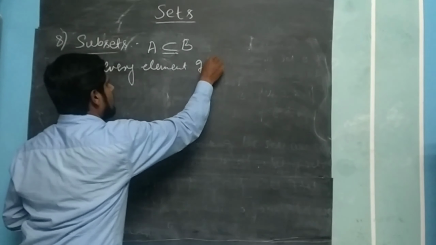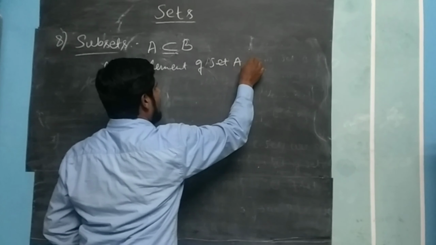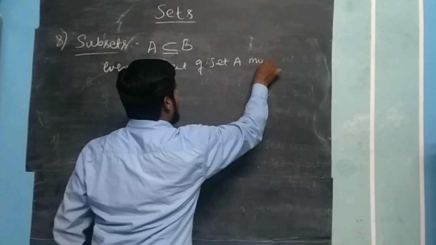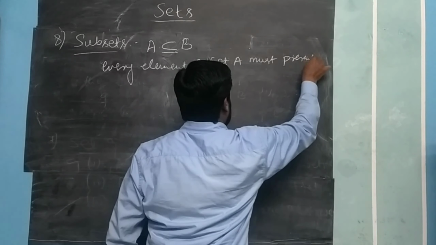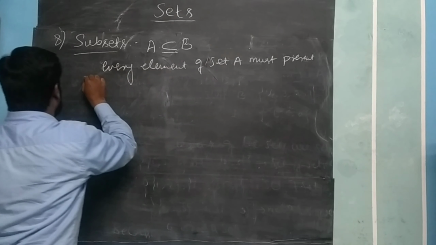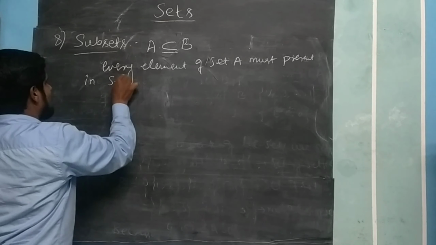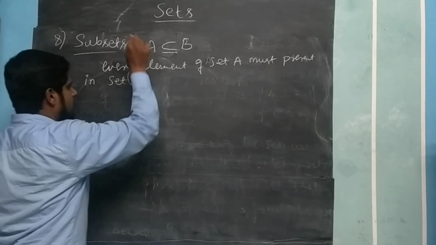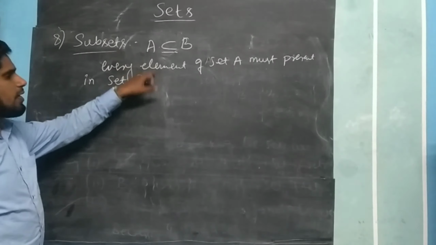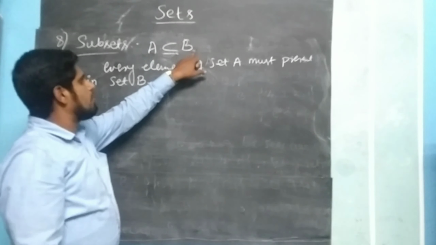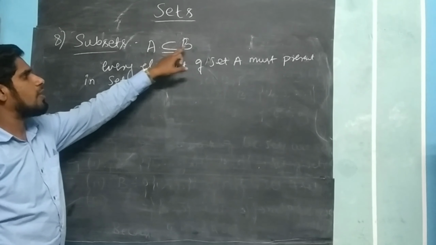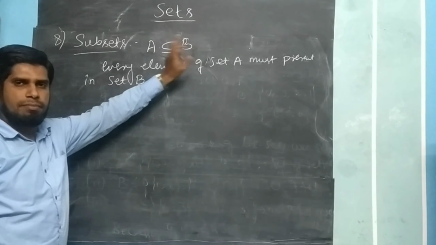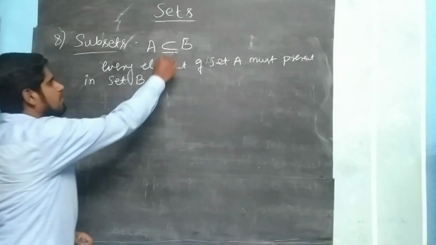This is the subset symbol. So the definition is: every element of set A must be present in set B. If every element of set A is present in set B, then A is called a subset of B, and the subset symbol is this.